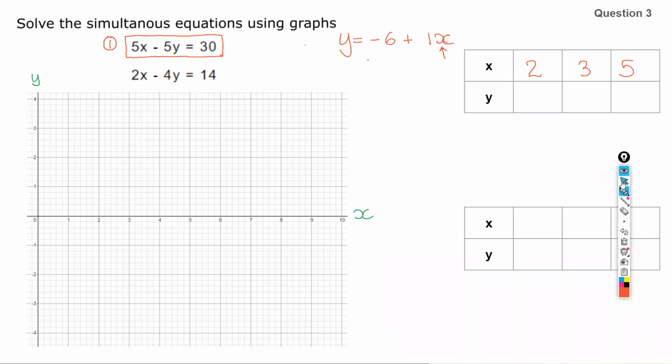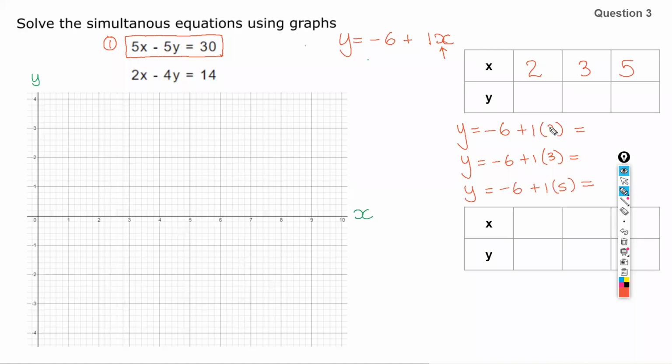For the first one, you're supposed to have y equal to -6 plus 1, and you put 2 in its place. For the next one it is -6 plus 1, and you put 3 in the place of the x in brackets. And for the next one it is -6 plus 1 and 5.